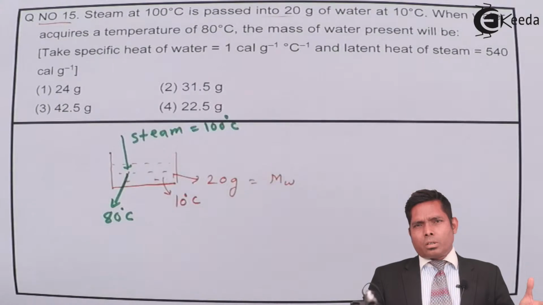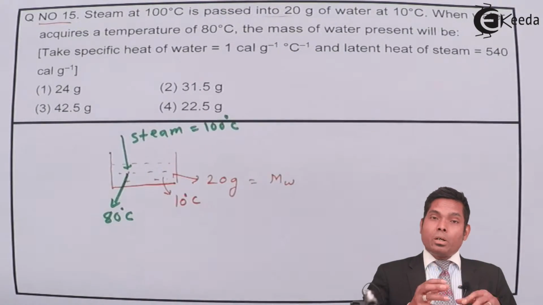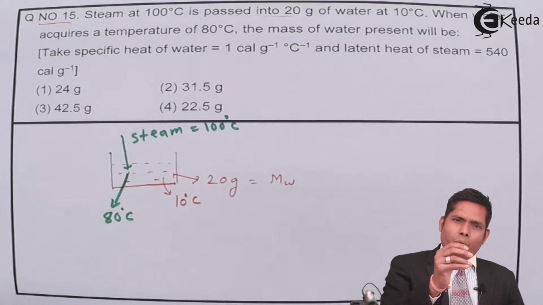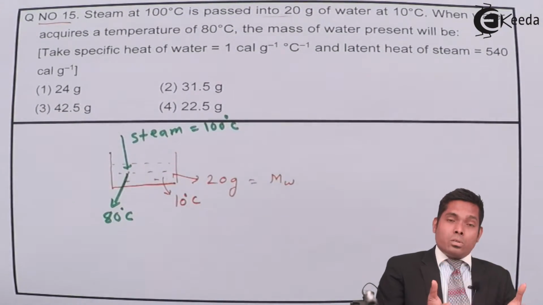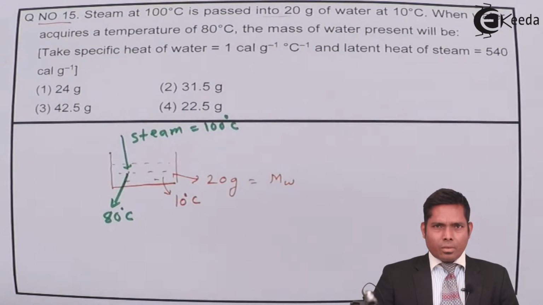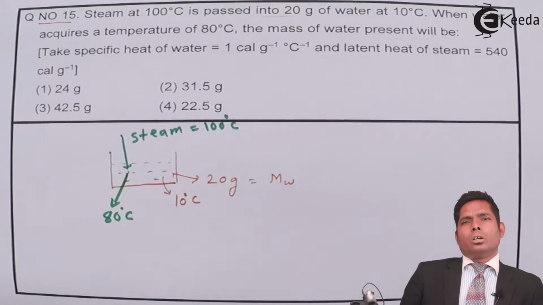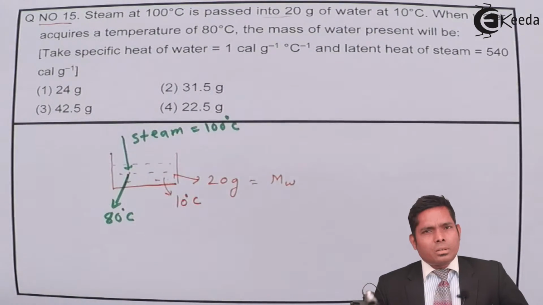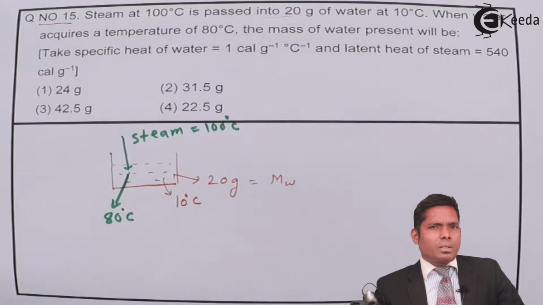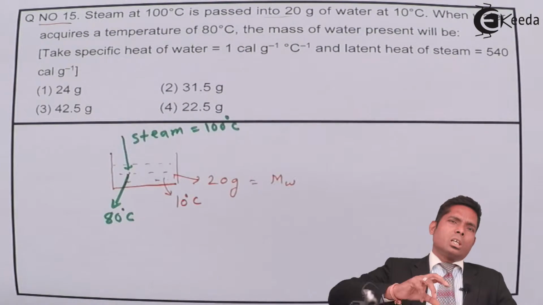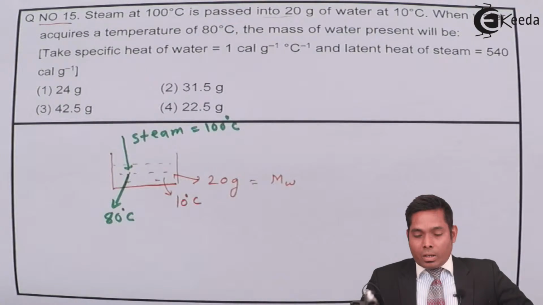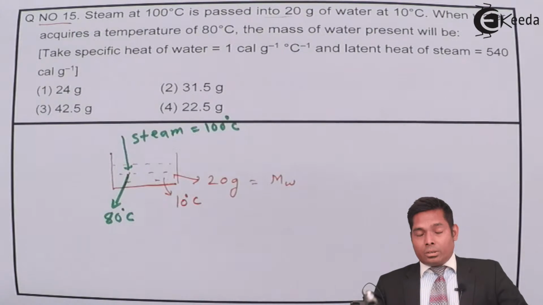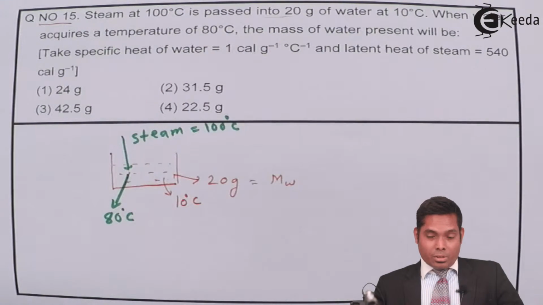The 20 gram of water will gain heat, plus some of the steam which loses heat from 100 to 80 will also become water. So what is the mass of that steam which is converted to water? That mass you have to add, and that will give me the final mass of water.